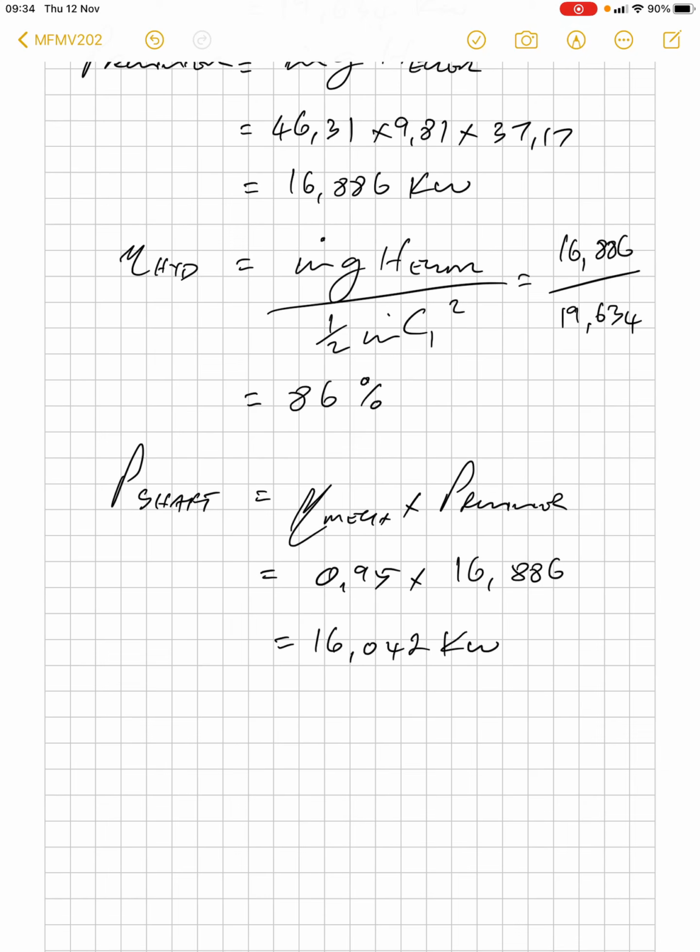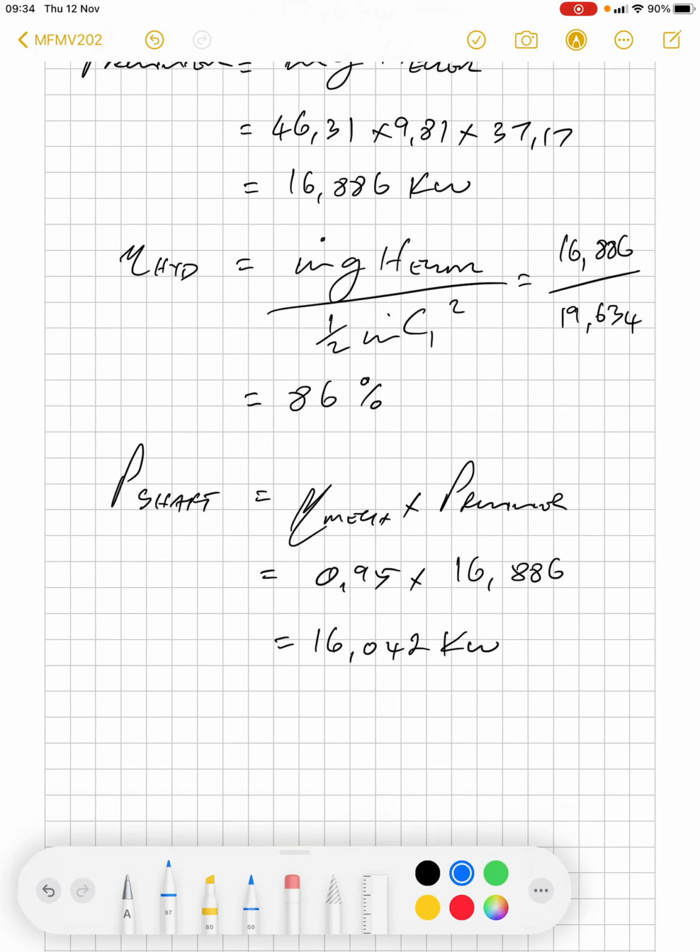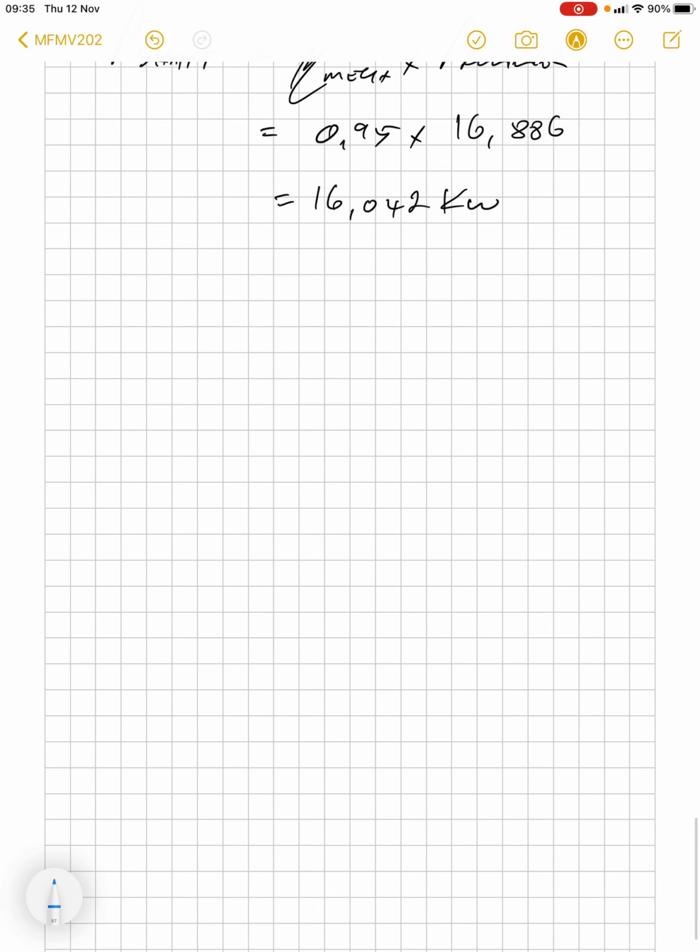And the final question, number 5, is the momentum torque produced by the output shaft.